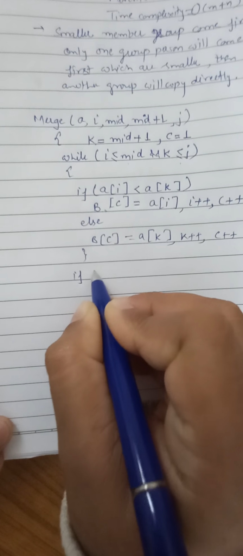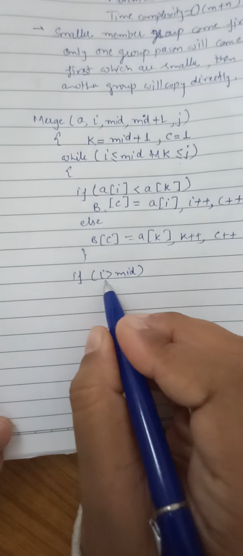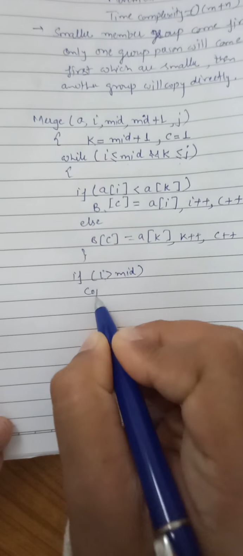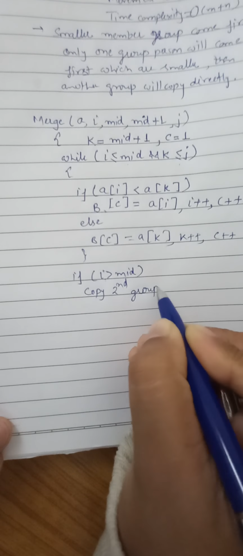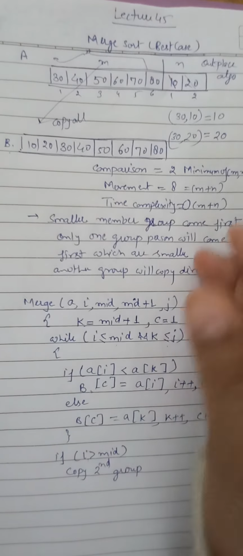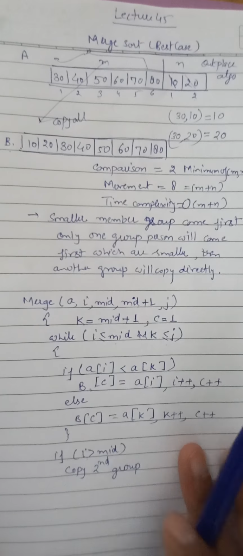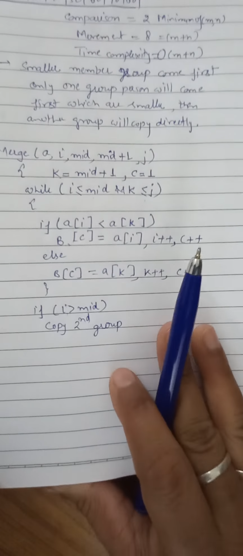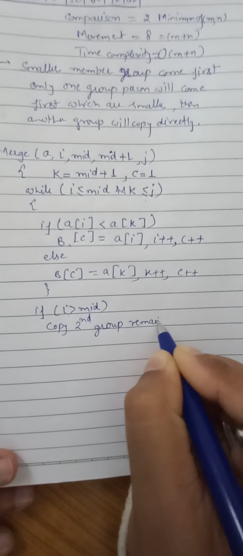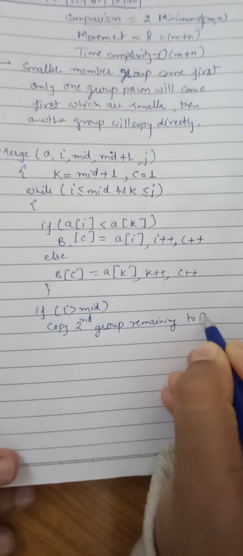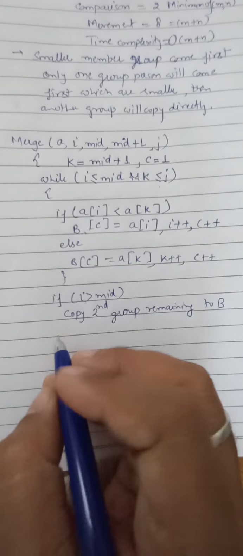And if i is greater than mid, then copy the second group, as we did here, because here after two comparisons i is greater than mid. Then copy the remaining second group to B, the next array in which we are copying all the elements.